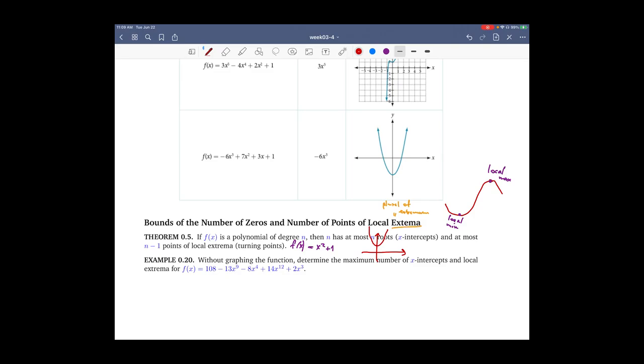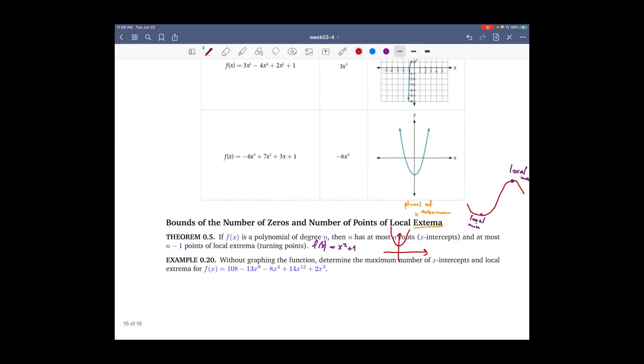Same for extrema. The theorem does not say that any polynomial function of degree n must have exactly n minus 1 points of local extrema. That's false. Consider, for instance, the function x to the power 4, which is of degree 4.